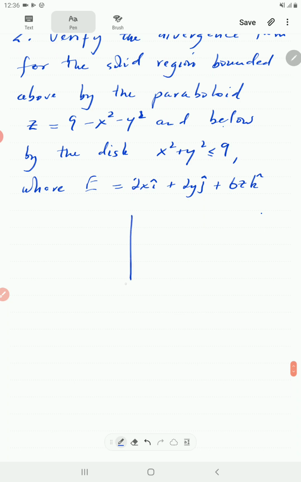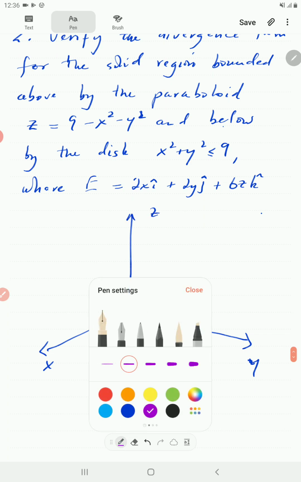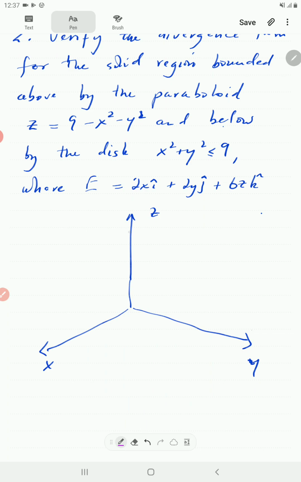So the first thing we're going to do is start with making a sketch. So it's your x, y, z. The paraboloid is just going to be a parabola. So it's going to look something like that, and this is going to be the circle x squared plus y squared equal to 9.